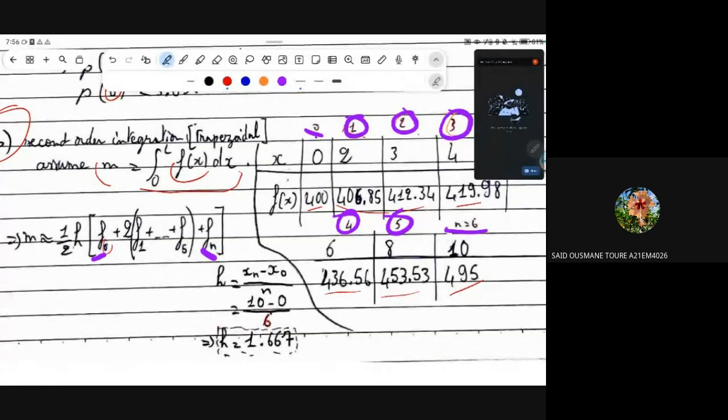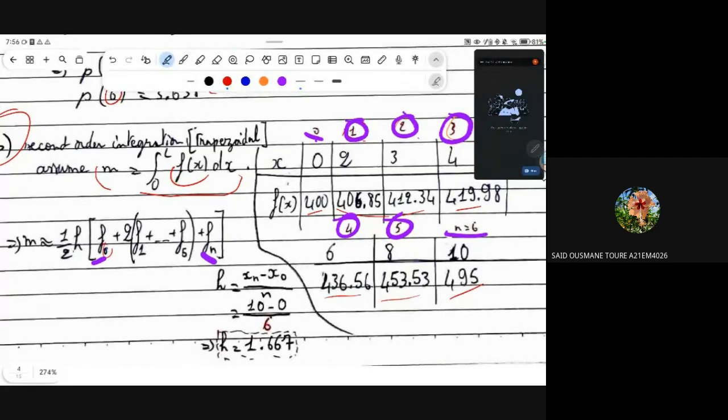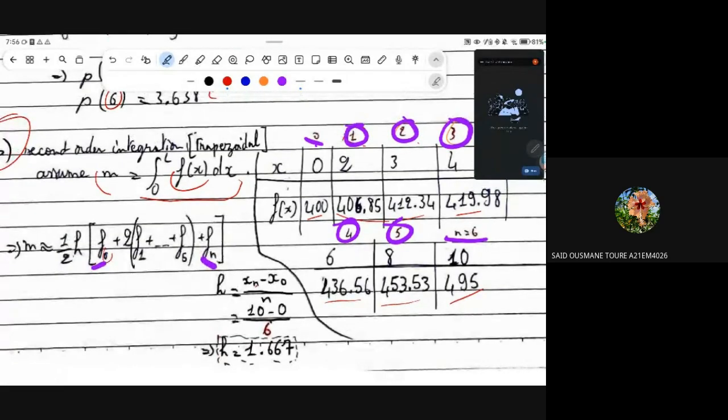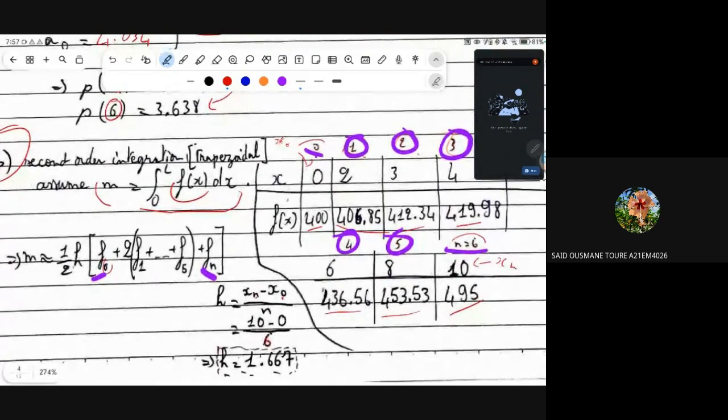For h, it says h equals x of n minus x of 0, over n. What is n here? x number 6, and x of n equals 10. x of 0 is 0. n is not the number of x values 1, 2, 3, 4, 5, 6, 7.